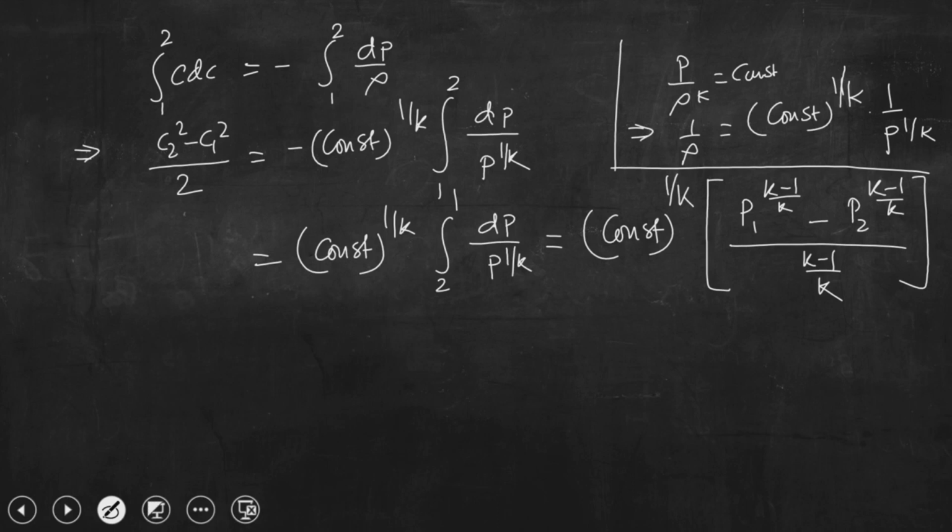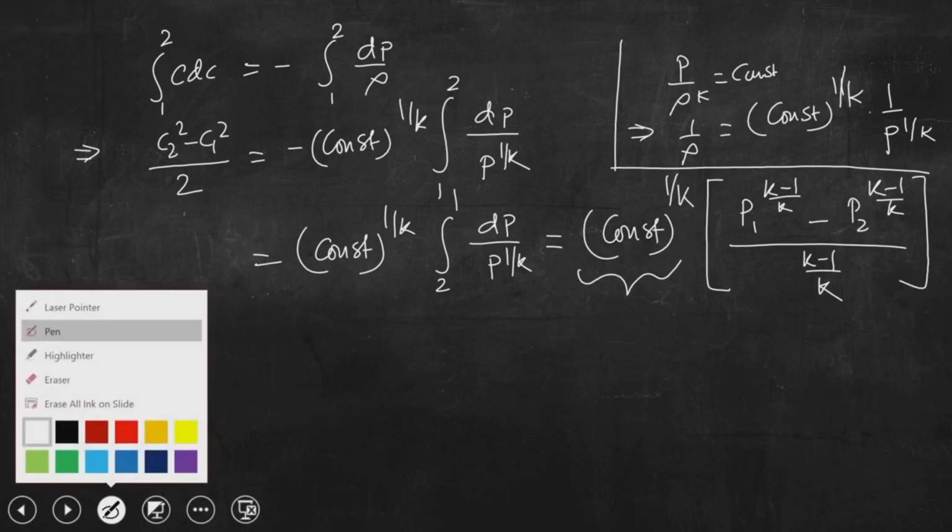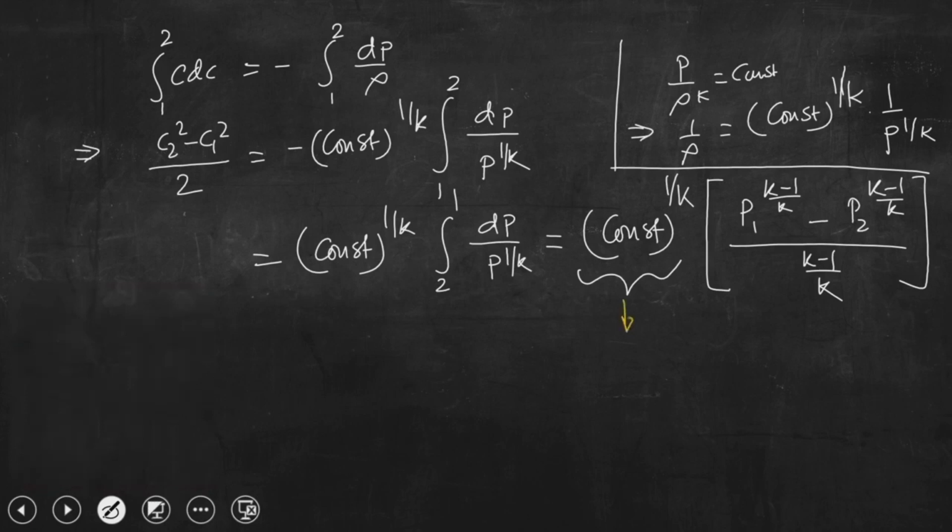Now, we can manipulate it. You know that this constant to the power 1 upon k, let me write here. So, this quantity P into rho to the power k equal to P1 into rho1 to the power k, that we can write.